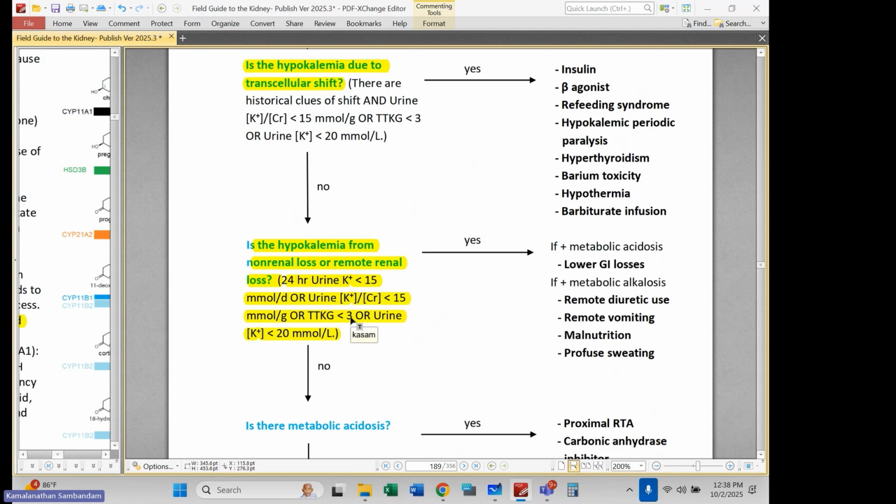The other point I'll make is to be careful when using a spot K concentration, because if you're quite polyuric, you can have obligatory K loss that is substantial in the urine, because again, you cannot render the urinary K to zero in terms of concentration. And so the high urinary volume, like in a DI patient, can fool you.